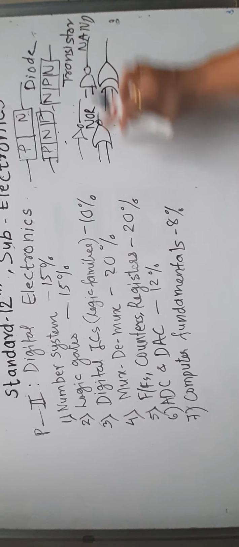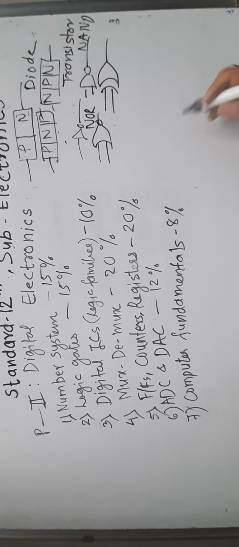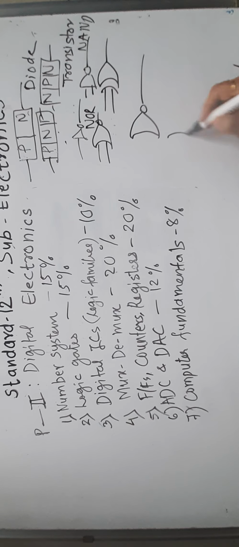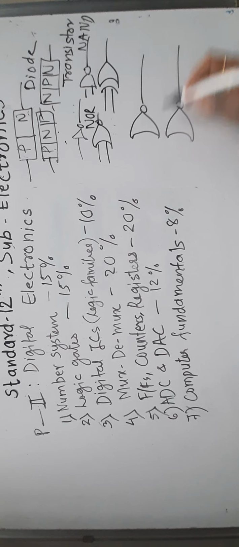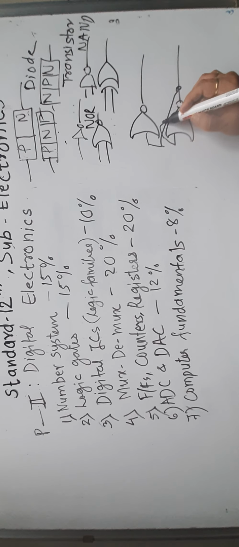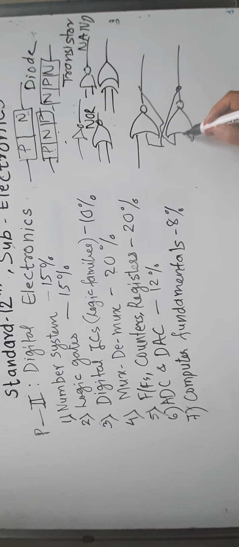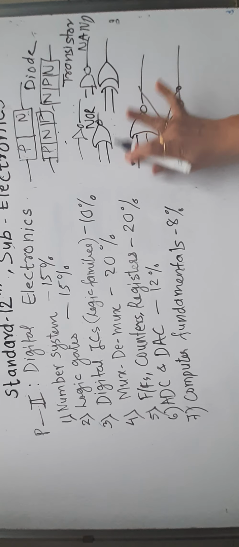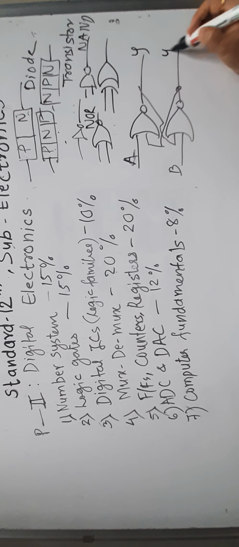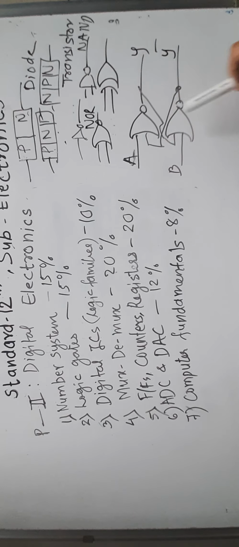By using these gates we can form flip-flops. This is nothing but a latch. If we cross couple these two NAND gates, then we have one flip-flop.